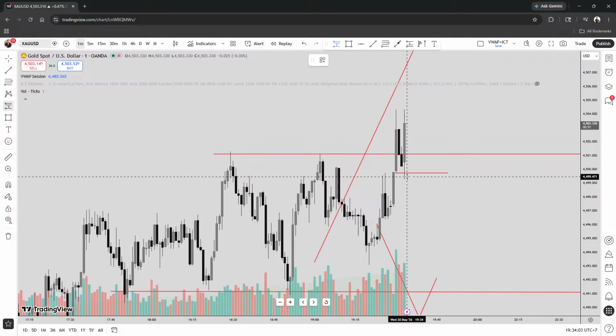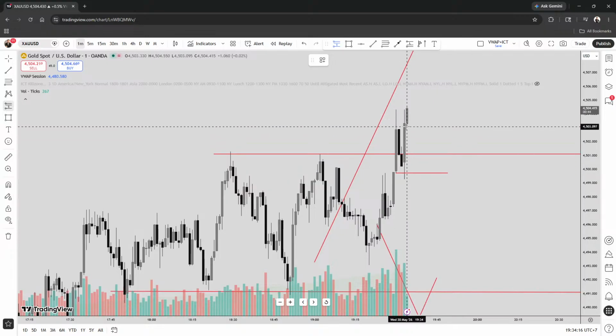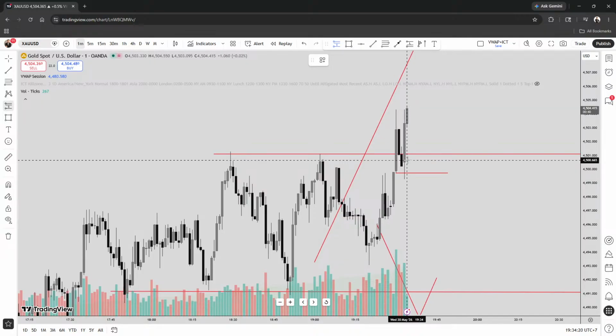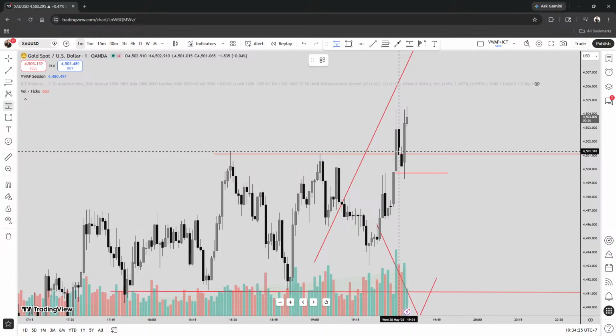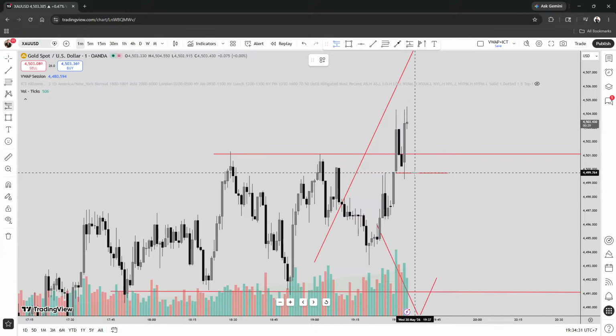Confirmation is very important, like I said before, because this is not closing below this level. Look at the price, it can still come back to the upside and sweep the high of these candles. So the confirmation is very important. You have to wait for the candle to close at your levels. That's very important.